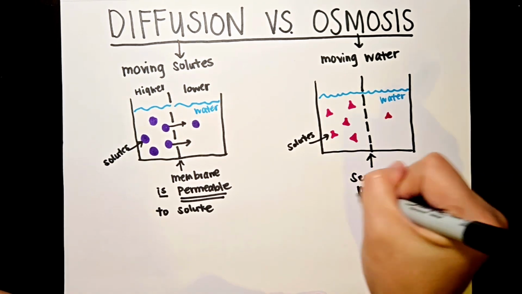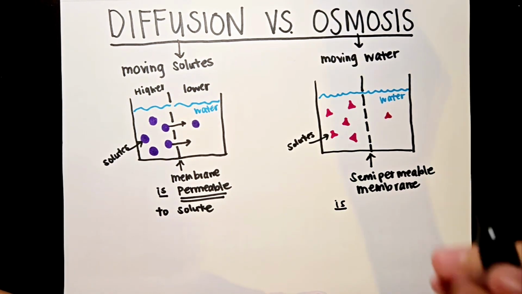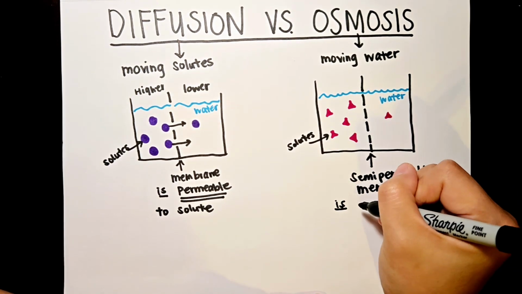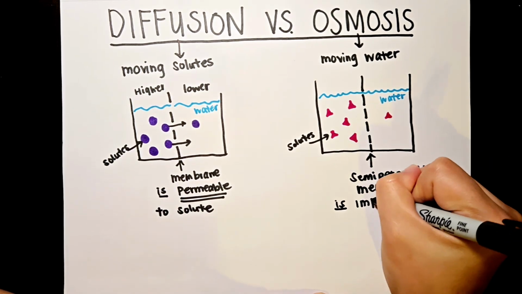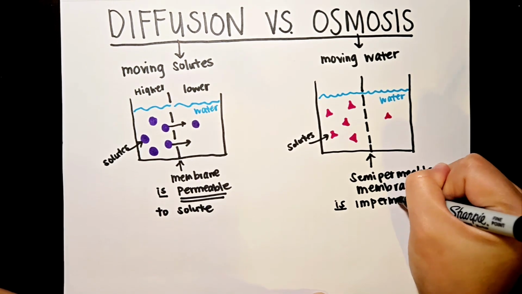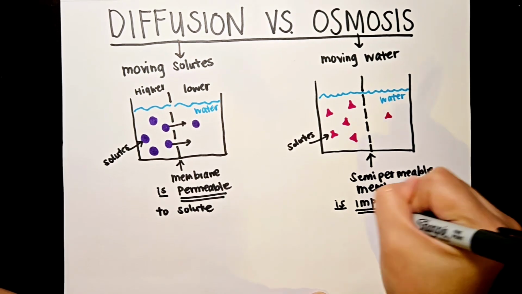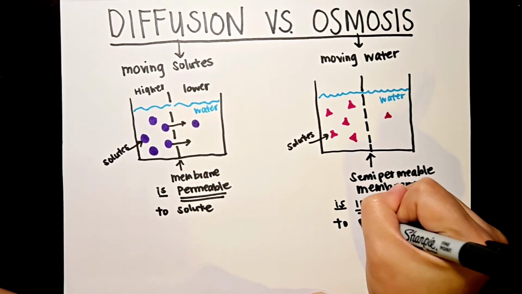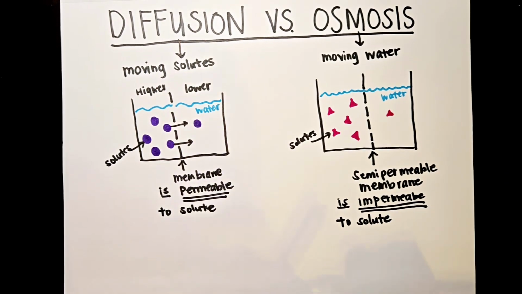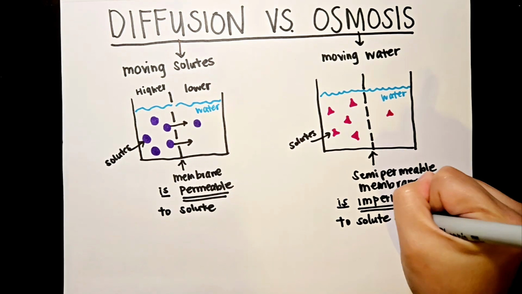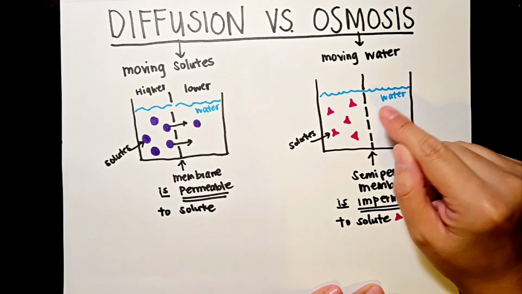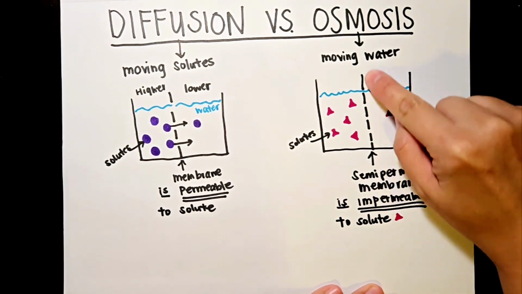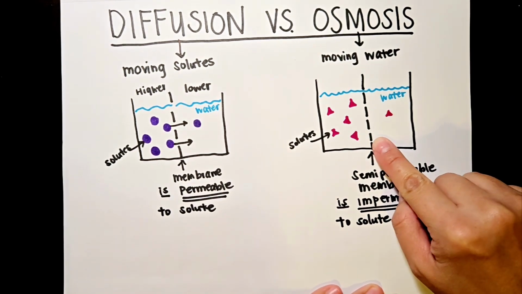But we know that this membrane, which should be given to you in the problem or situation you're working with, is impermeable to solute. In this case, remember the solute is the little triangle, which means these little triangles cannot pass through this semi-permeable membrane.